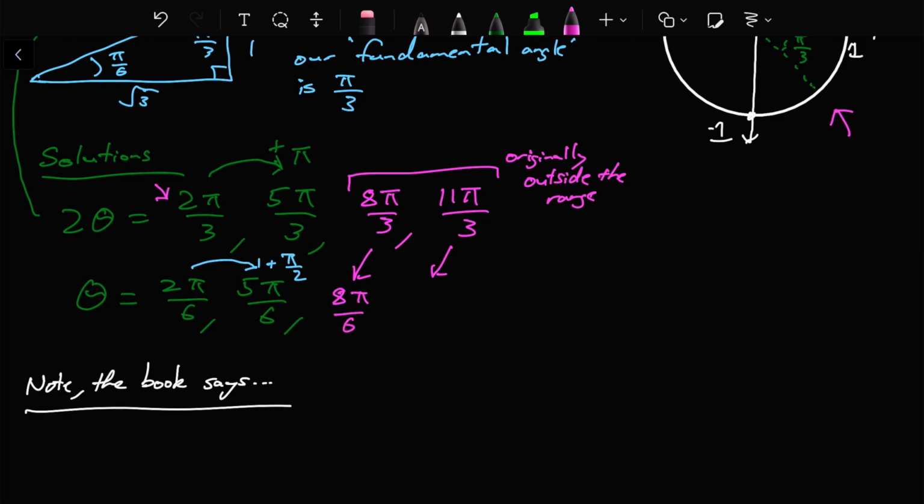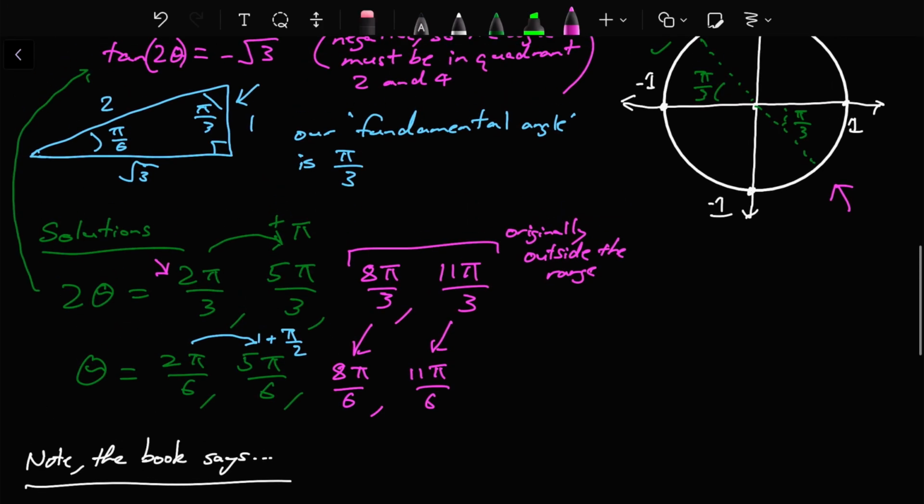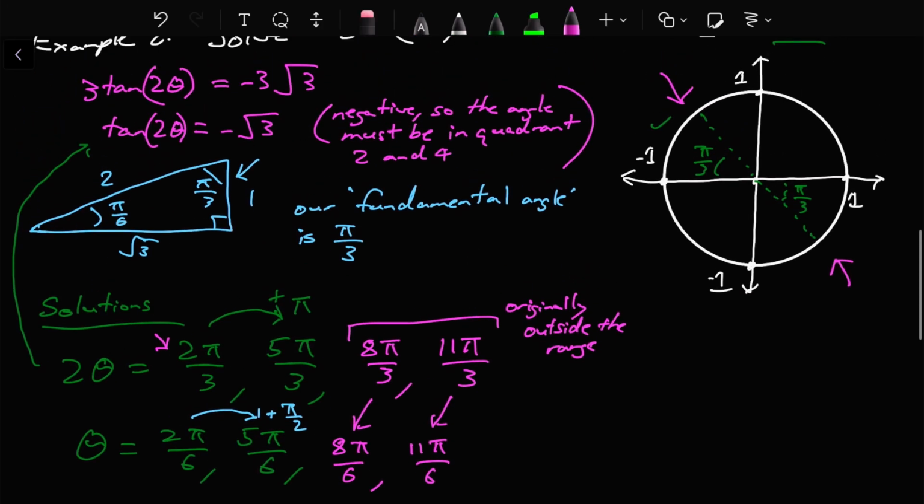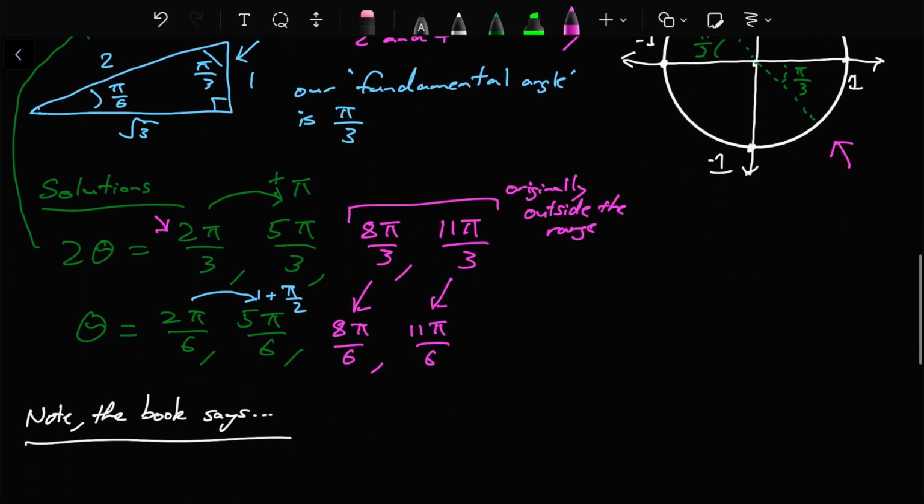8 pi on 6 and 11 pi on 6. And suddenly these ones are now in the range and they will be legit, right? That is, if we multiply them by 2 and then multiply by 3, we do get that value. So these are also solutions.